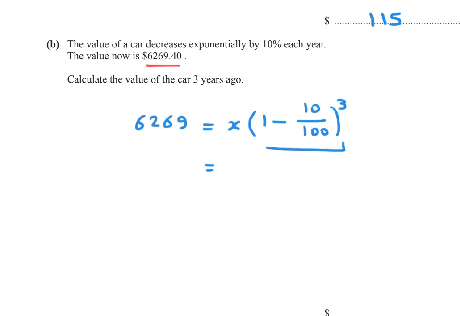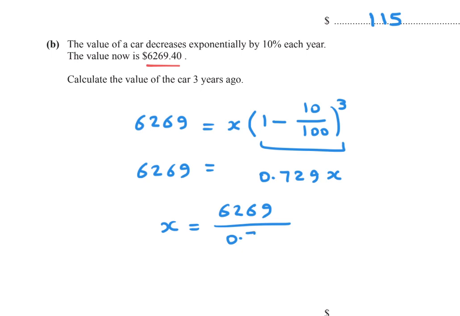This value equals 0.729 times X. So X equals 6,269 divided by 0.729, which equals 8,603 to 4 significant figures.